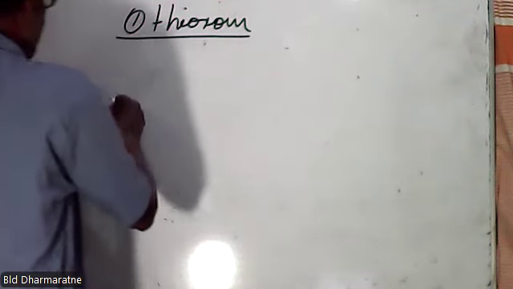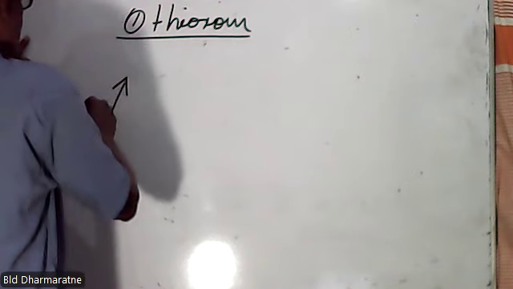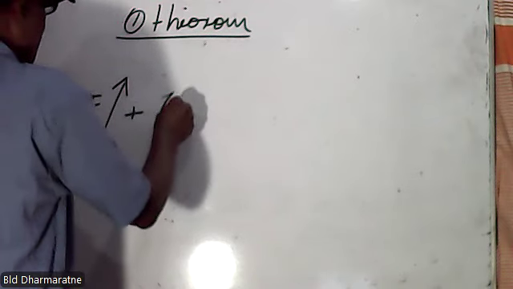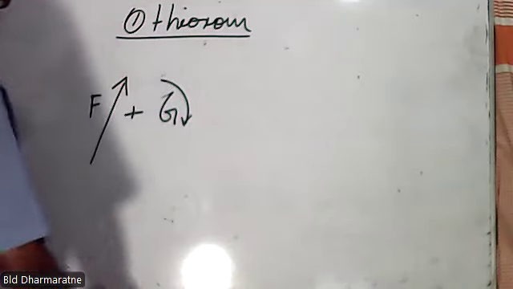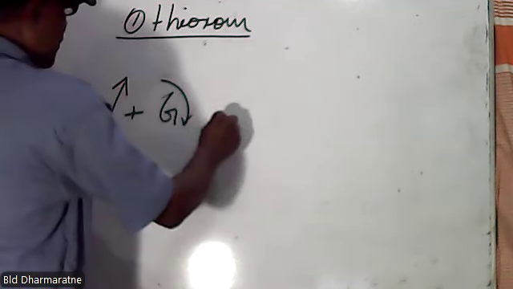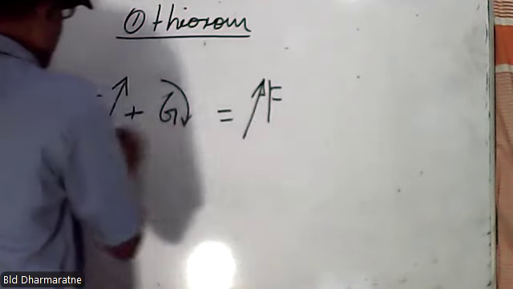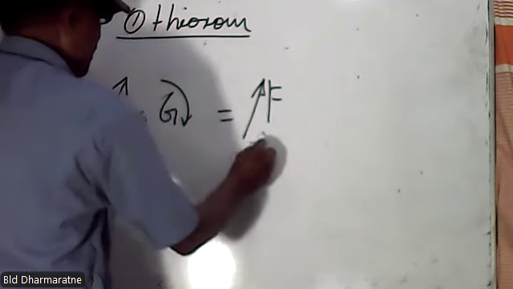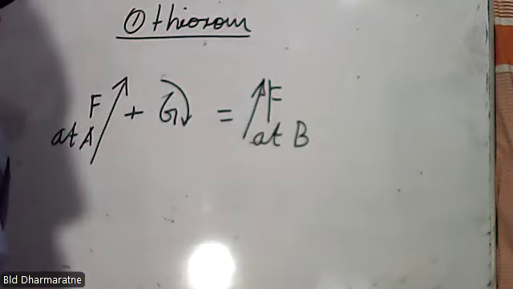A given force plus a couple: F plus G. The force F is at point A, and the resulting force is at point B.